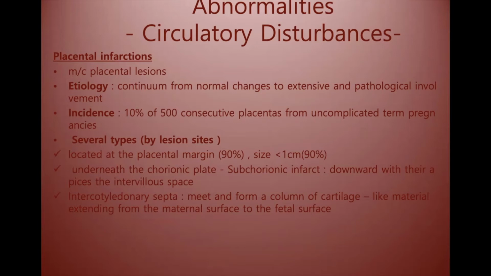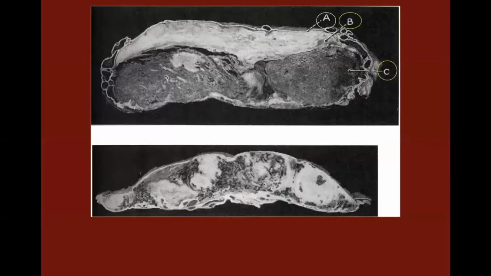They may be located at the placental margin, or underneath the chorionic plate, and some extend downward to the intervillous space, where the intercotyledonary septa meet and form a column extending from the maternal surface to the fetal surface.